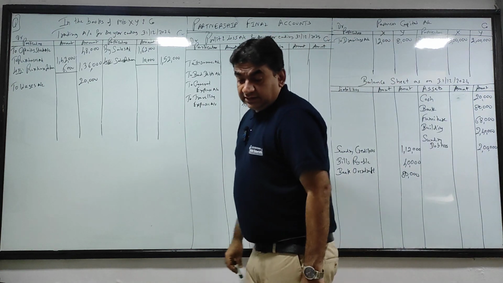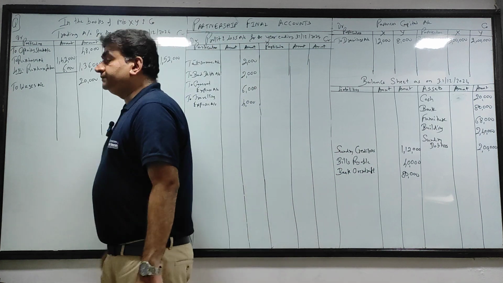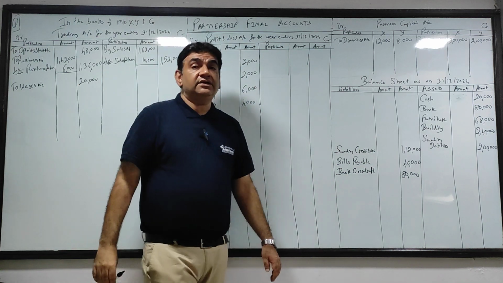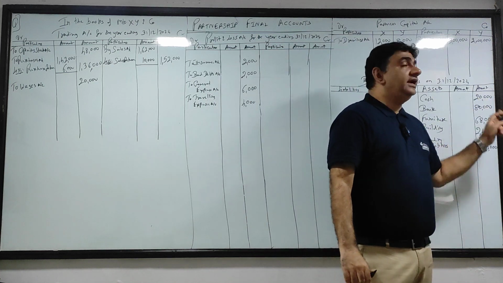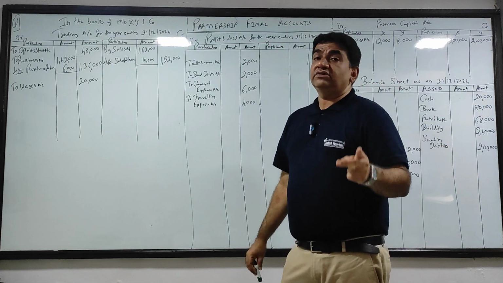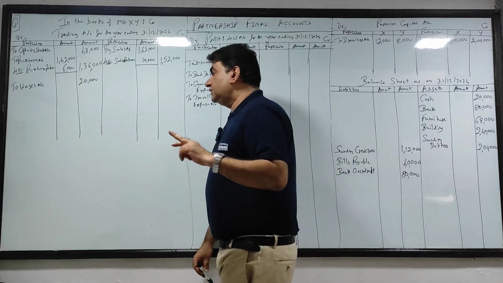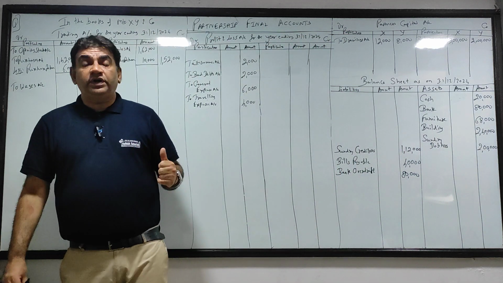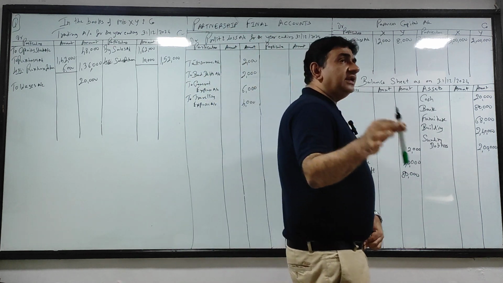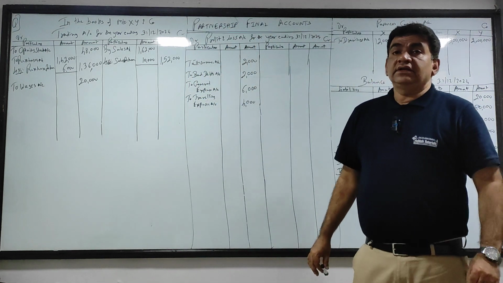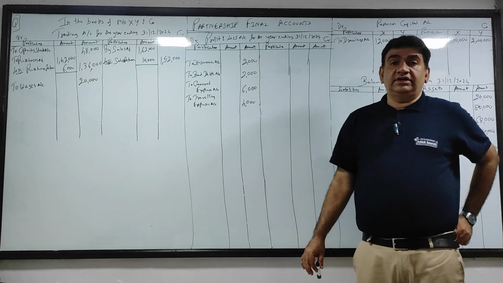Okay. Carriage outward. Carriage means freight or transport charges. Now there are two types of carriage. One is carriage outward, one is carriage inward.